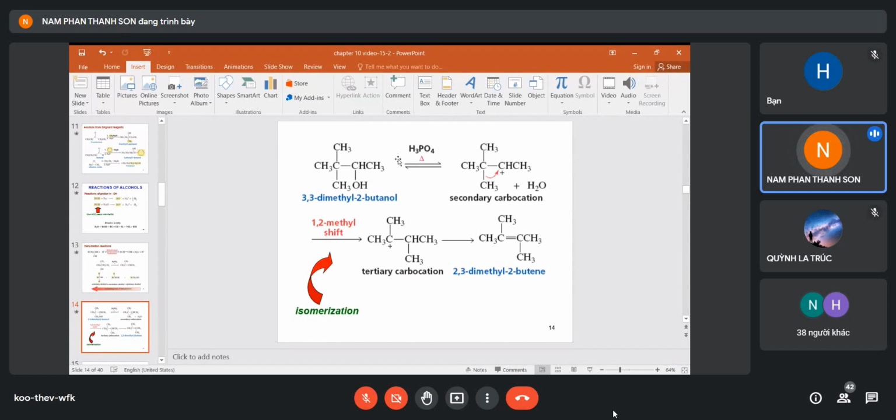The proton in the acid catalyst is positive, so it combines with the oxygen, and then one water molecule says goodbye to the molecule, and we have a carbocation. Whenever you see a carbocation, you might have rearrangement. Sometimes we have rearrangement, sometimes we don't.